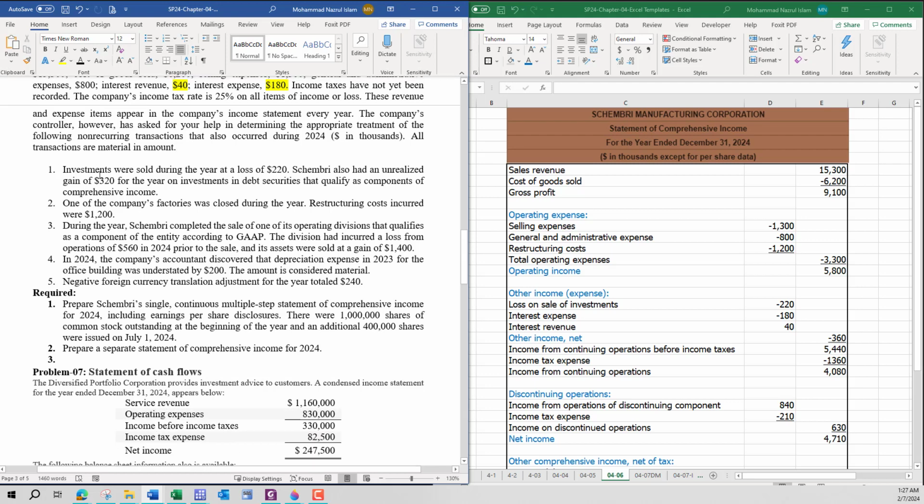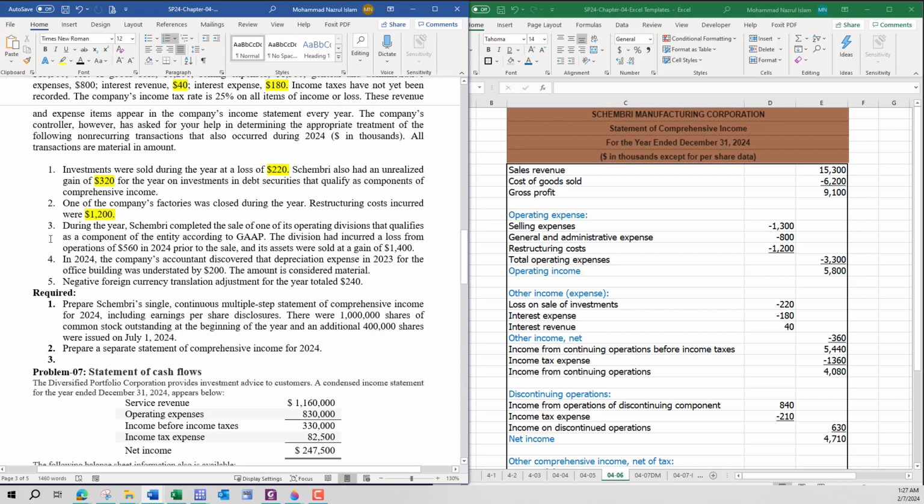Investments were sold during the year at a loss of 220, and the unrealized gain was 320. This is actually other comprehensive income. The factory was closed, and the restructuring costs incurred were 1200.